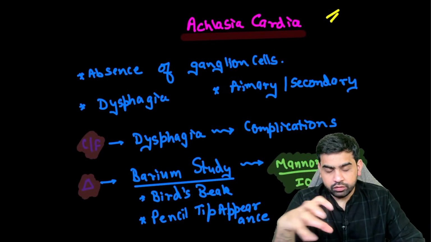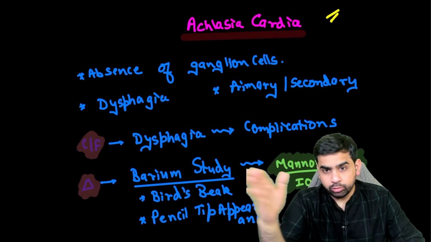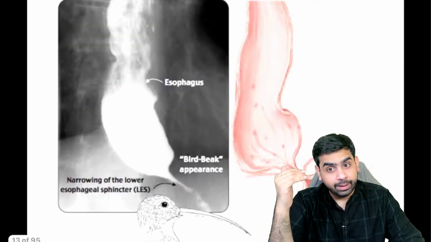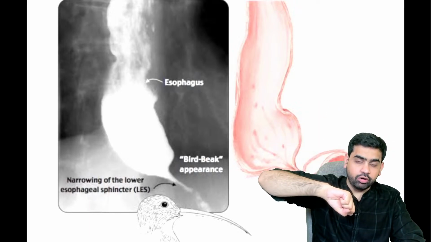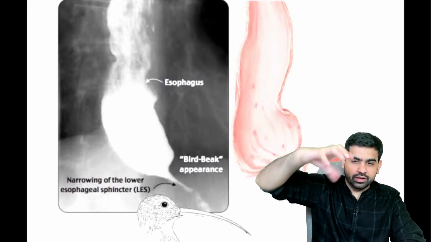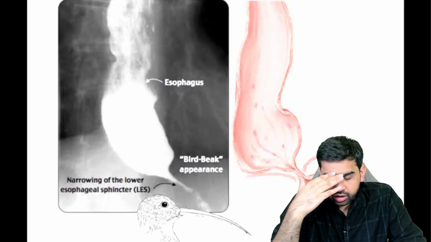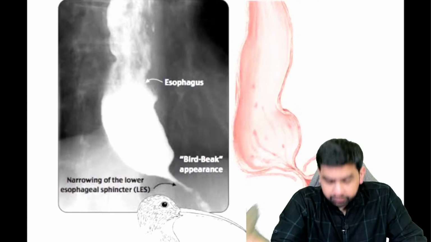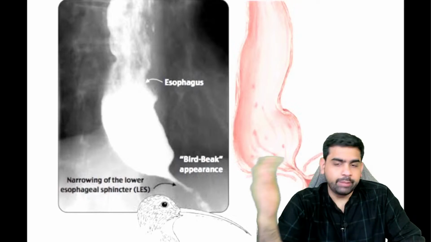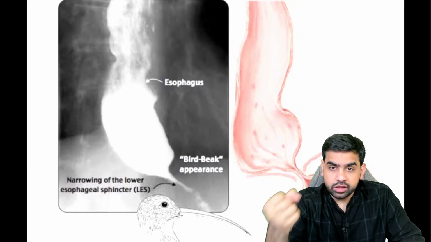Based on the pressures you get, you divide it into type 1, type 2, type 3. In type 3, the entire length of the esophagus is contracting. The benefit of Heller's cardiomyotomy is going to be maximum in type 3, because here at least the esophagus is trying to contract.